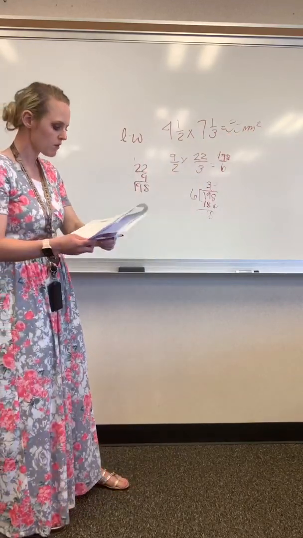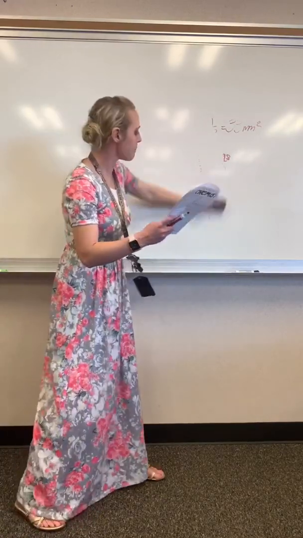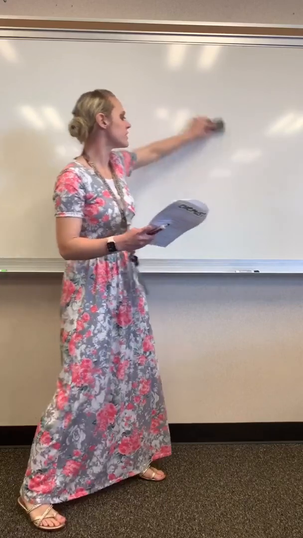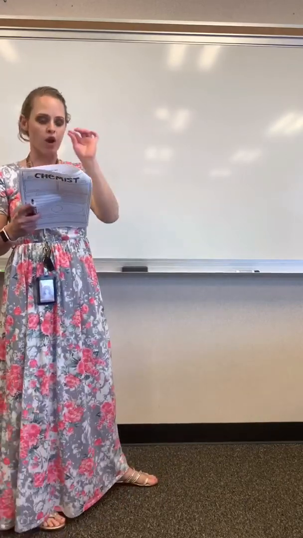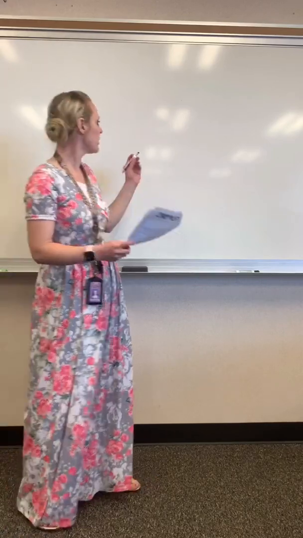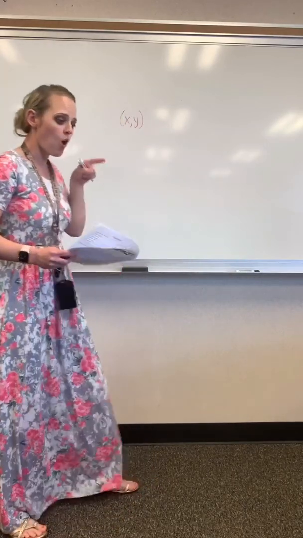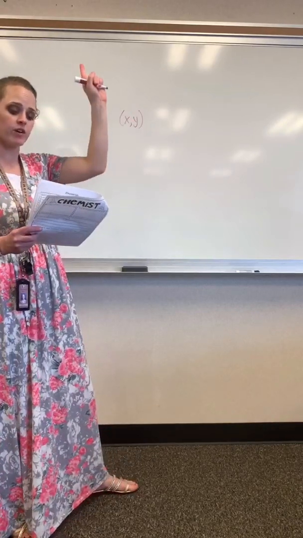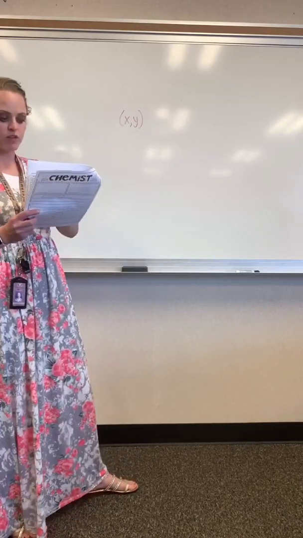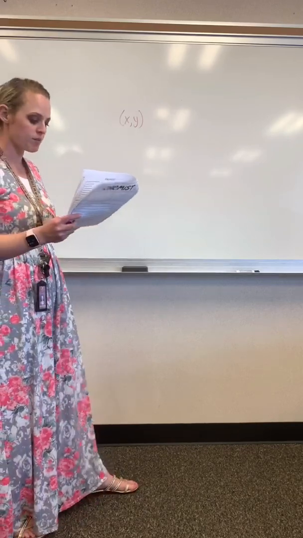Okay? All right, number 2, we need to write the ordered pairs for all of the dots that you have. So for the first one, remember we always have X and Y, so you're going to go horizontal first and then vertical, okay? So let's go over to A. Let's find A. How far over did we have to go to find the point?